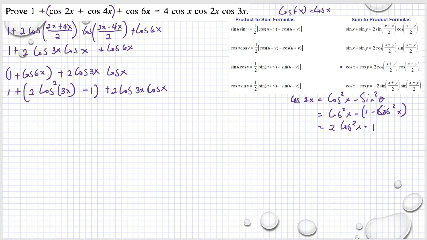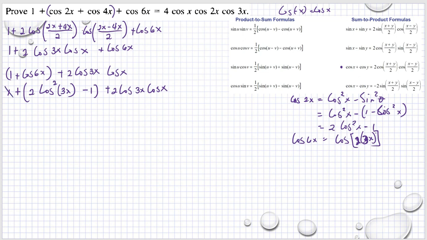I hope you understood this one, 3x here, because cosine 6x is the same as cosine 3 times 2x, like 2 times 3x, the other way around. Okay, so our x now is 3x.